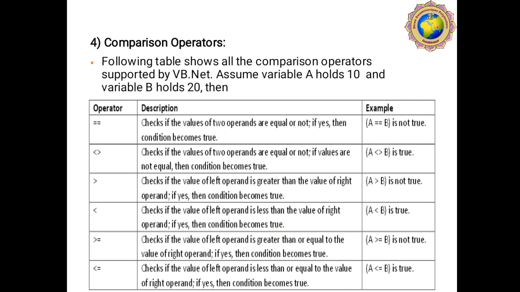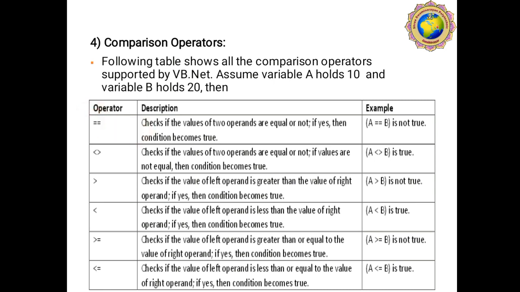Next, comparison operators. The following table shows all the comparison operators supported by VB.NET. Assume variable A holds the value 10 and variable B holds the value 20. First operator: equal.